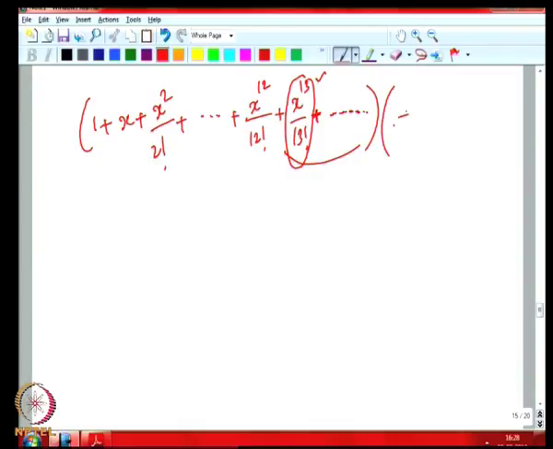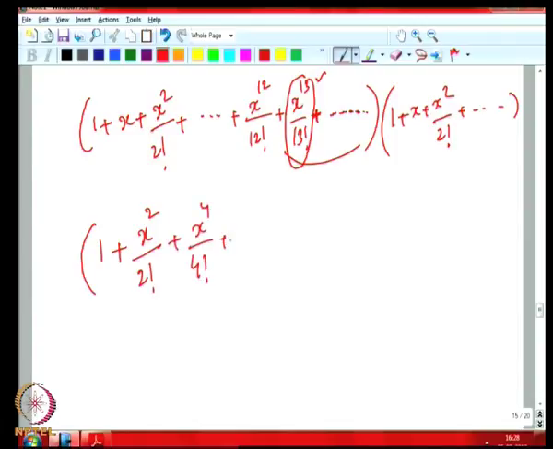Similarly for the red flags, 1 plus x plus x square by 2 factorial plus like that till infinity we can take. Similar case for the blue flags, but the only thing is we are only allowing even powers, x raised to 4 by 4 factorial and so on till infinity. And this last one is x plus x cube by 3 factorial plus and so on till infinity.